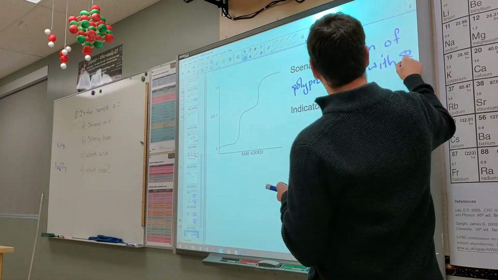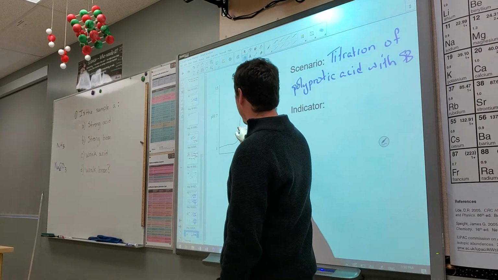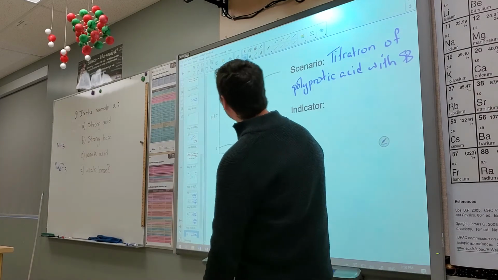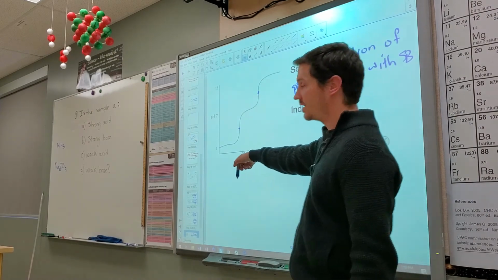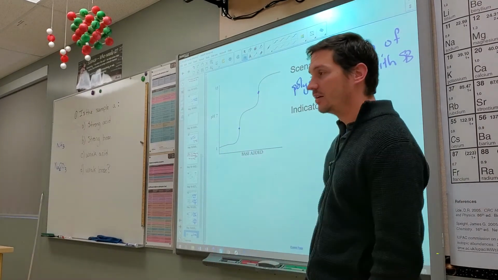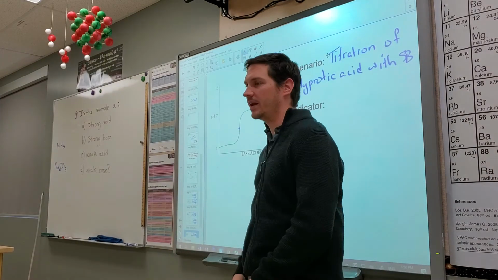Strong base. And what are the two indicators you would use? It's really super hard to tell because there's no information on the left-hand side. But just write down a couple indicators, pick them, and I'm sure they'll be fine.